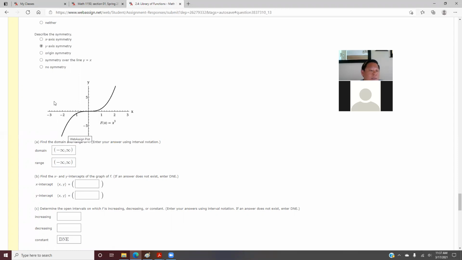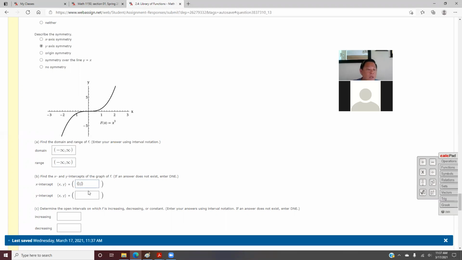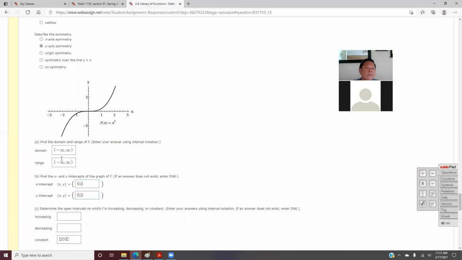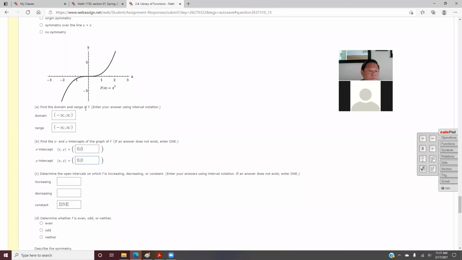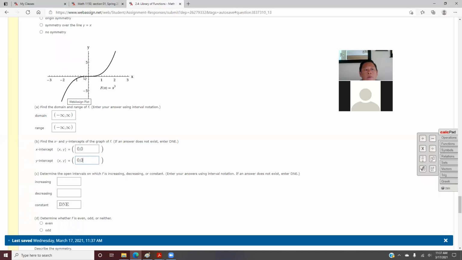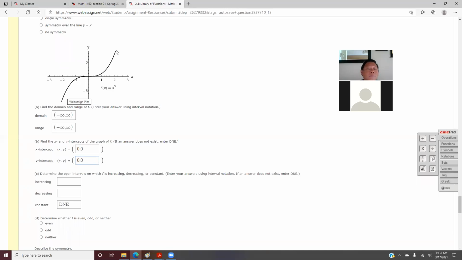What is your x and y intercept for this case? 0, 0 for both. Is this graph increasing, decreasing, or constant if you read left to right? It's increasing and then increasing again, so it keeps on increasing. It's increasing the whole time, from where to where? From negative infinity to 0 and then 0 to infinity.